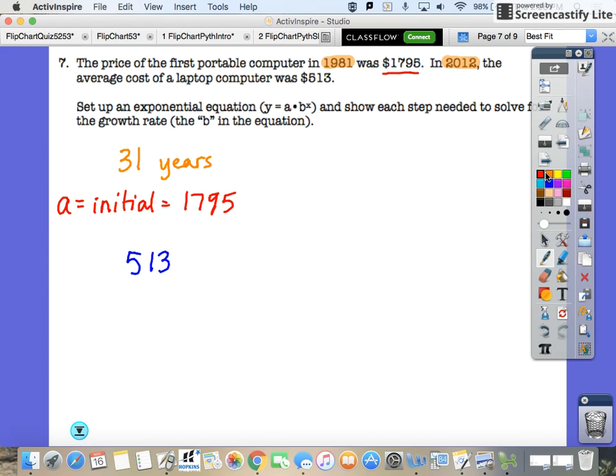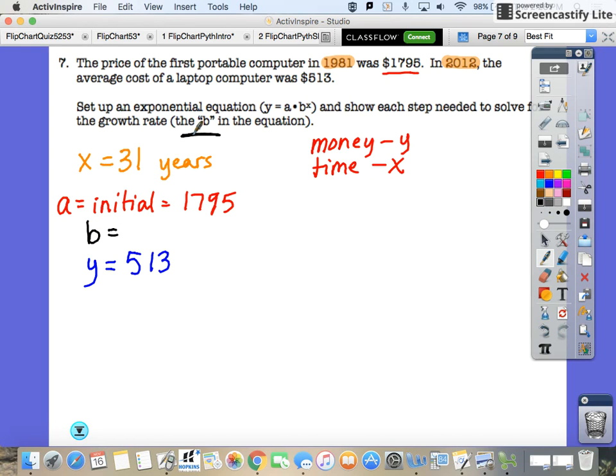Now again, we have two variables we're measuring, money and time. Again, time is almost always going to be X, money will be Y then, so that means 31 years is X, and Y is this other money value. So again, it looks like B is what we're looking for.